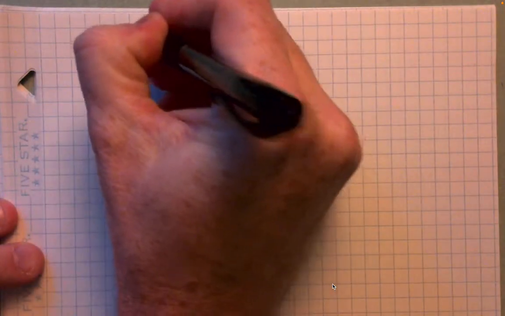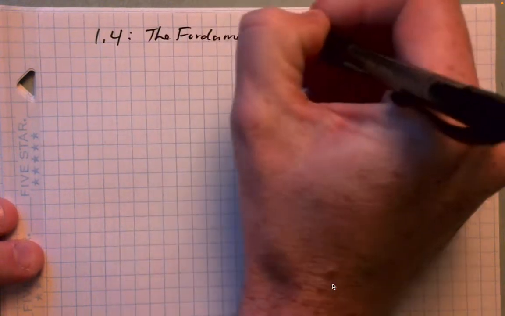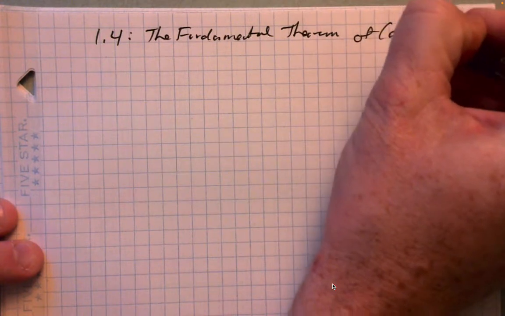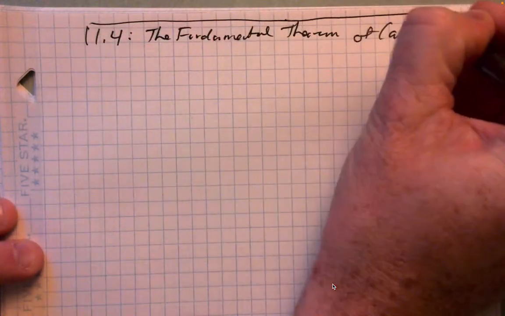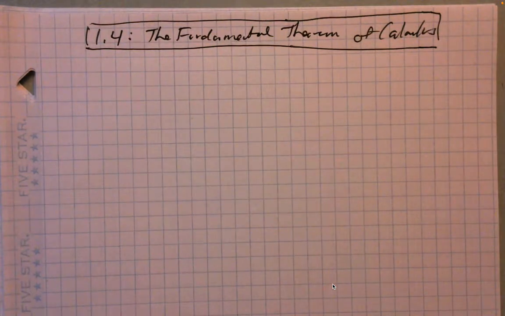And so we'll call this section 1.4, the fundamental theorem of calculus. Okay. And so up to this point, we've talked about the two major branches of calculus.